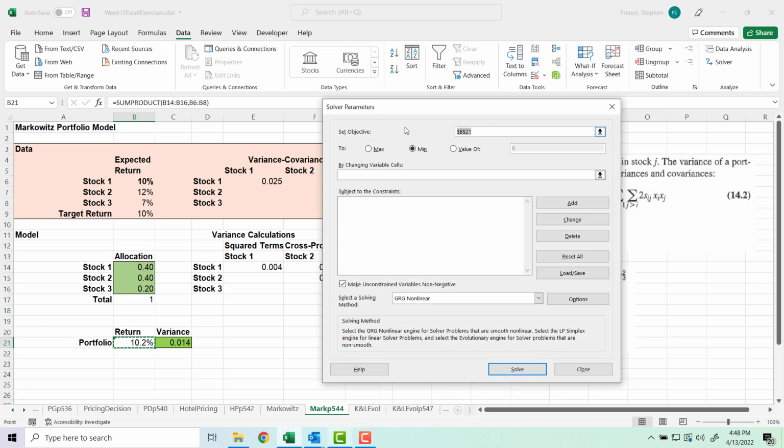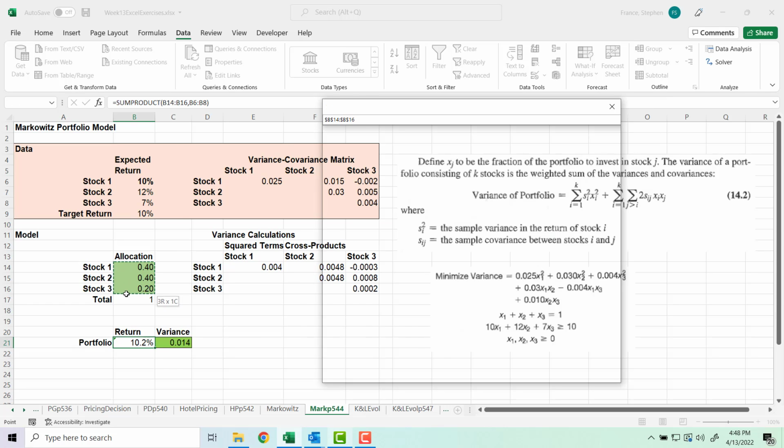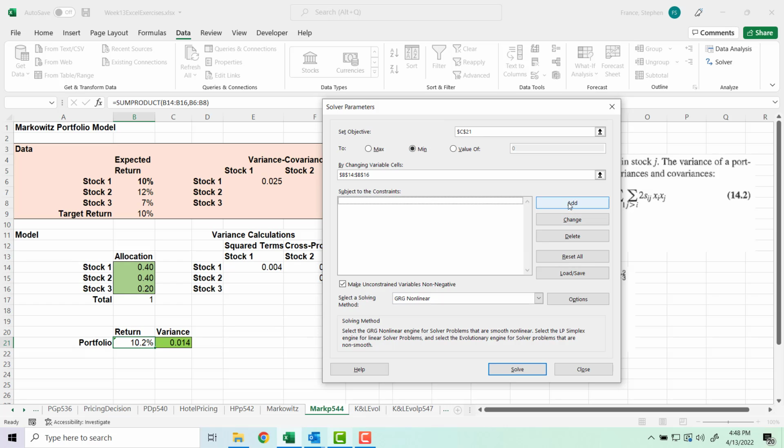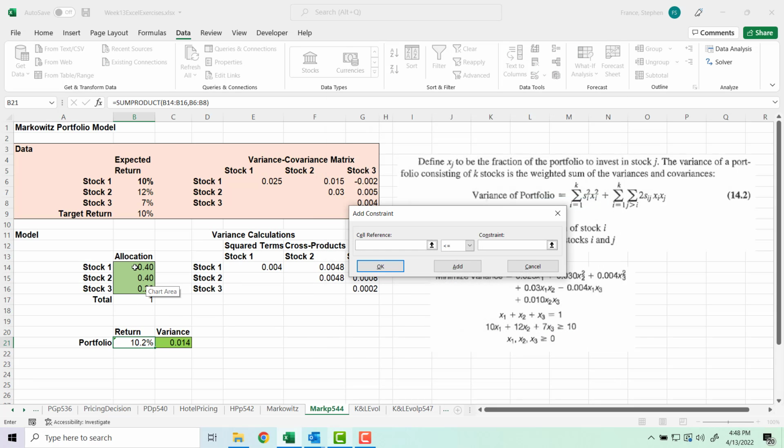So minimize variance by changing these cells subject to the constraints. Okay, no, that's going to be the sum, sorry. The sum of all of these is going to be equal to 1.